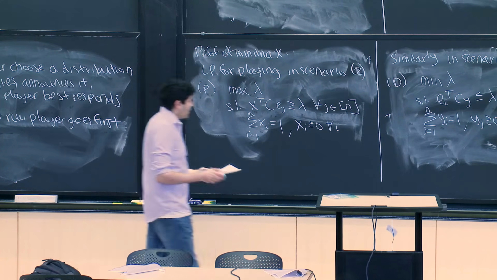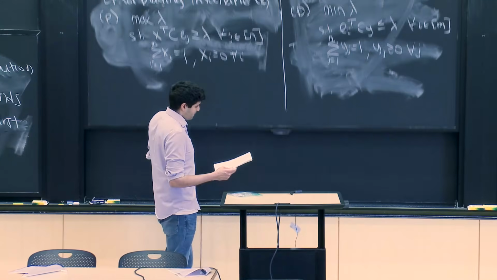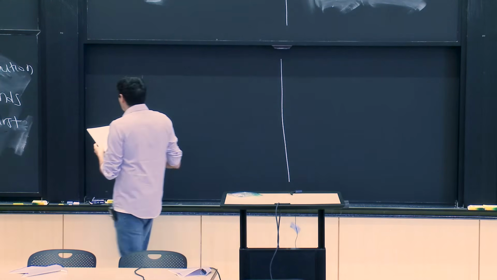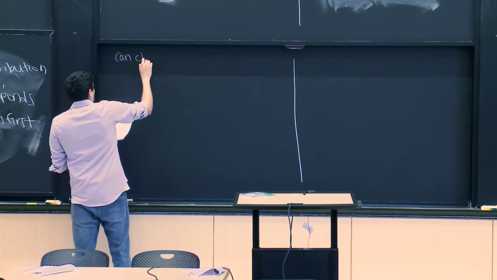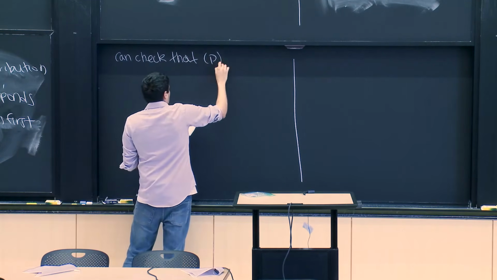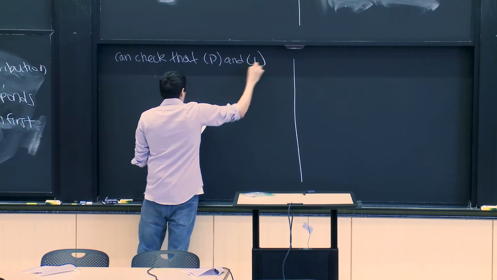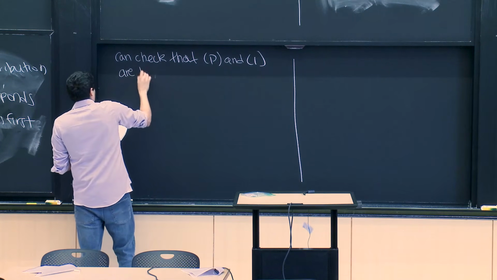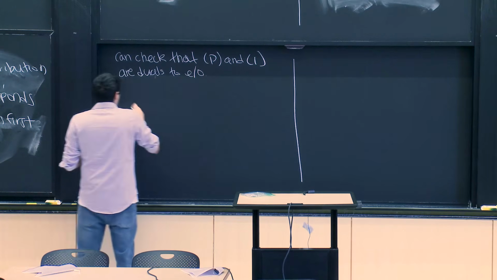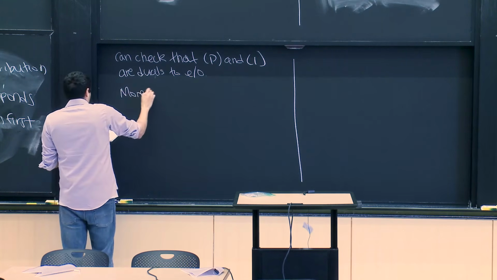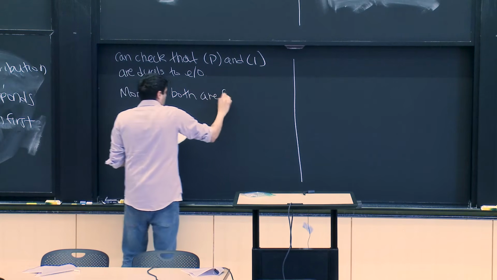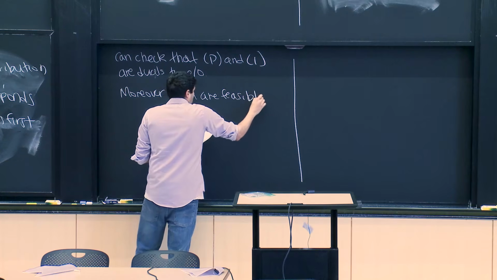And the proof of the min-max theorem now is very simple, because what you can do is check that P and D are duals of each other. And moreover, both are feasible. Why?